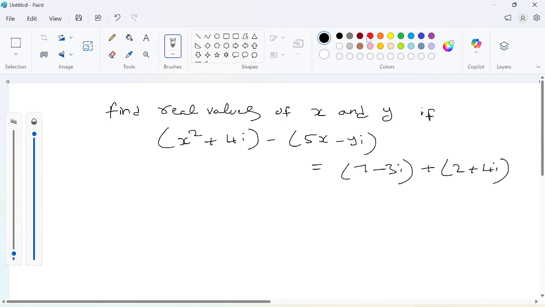Now we'll see how to solve this. This is the left hand side and this is the right hand side. Find the real values of x and y.